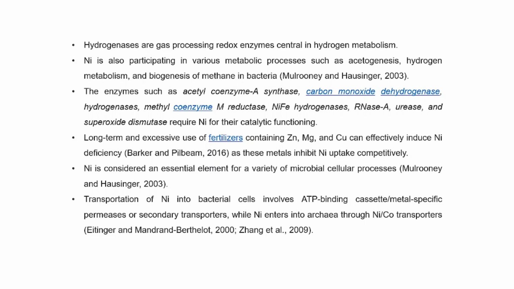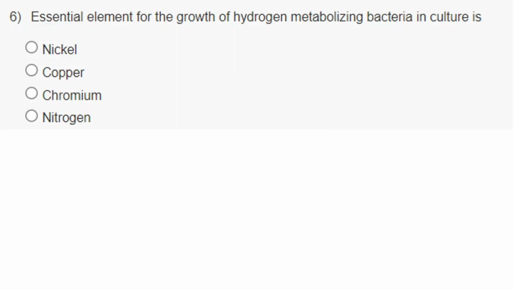So in bacterial cells they mainly use ABC transporters, but in archaea they have specific transporters. This information is taken from these papers, so if you're interested, you can go through them and read more about the importance of nickel in the growth of hydrogen metabolizing bacteria in culture.